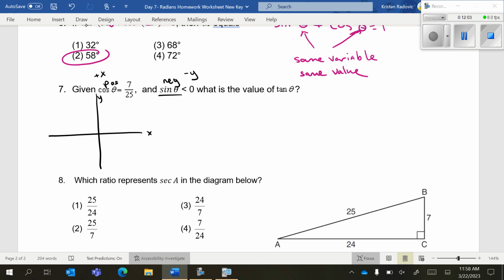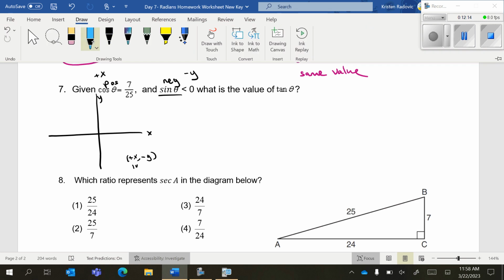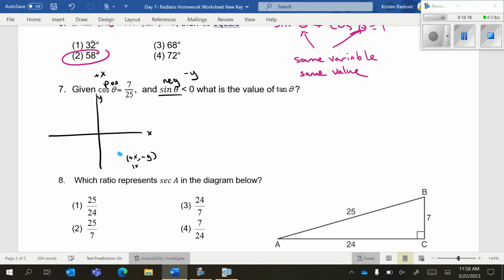That would be quadrant 4. You have positive x because you're on the right, negative y because you're down below. And what you are going to do is create a triangle. I don't care where you put the point. Make some point in the 4th quadrant. Connect that point to the origin and to the x-axis. So your triangle should share a side with your x-axis.